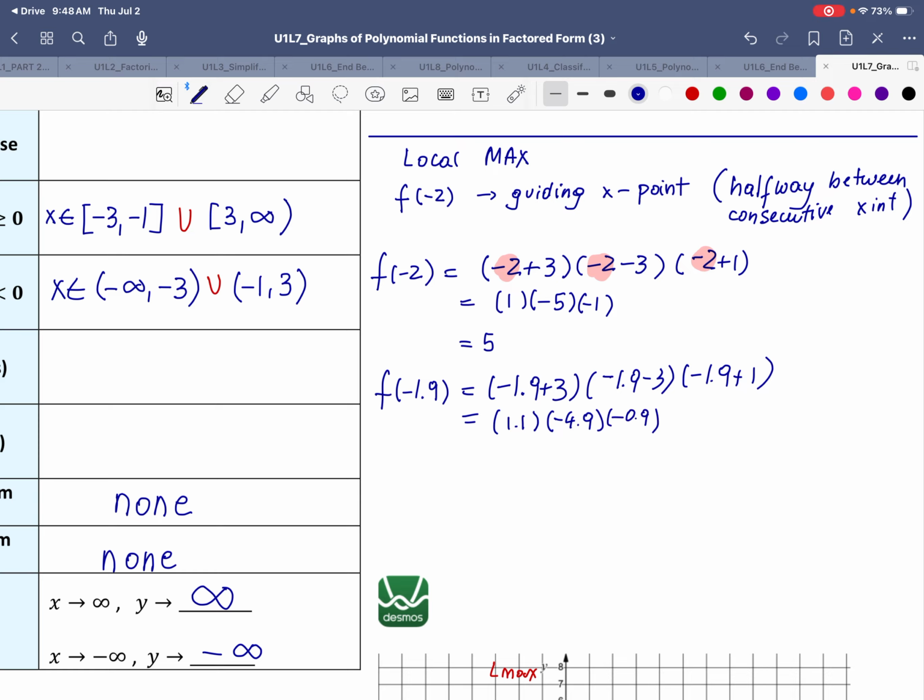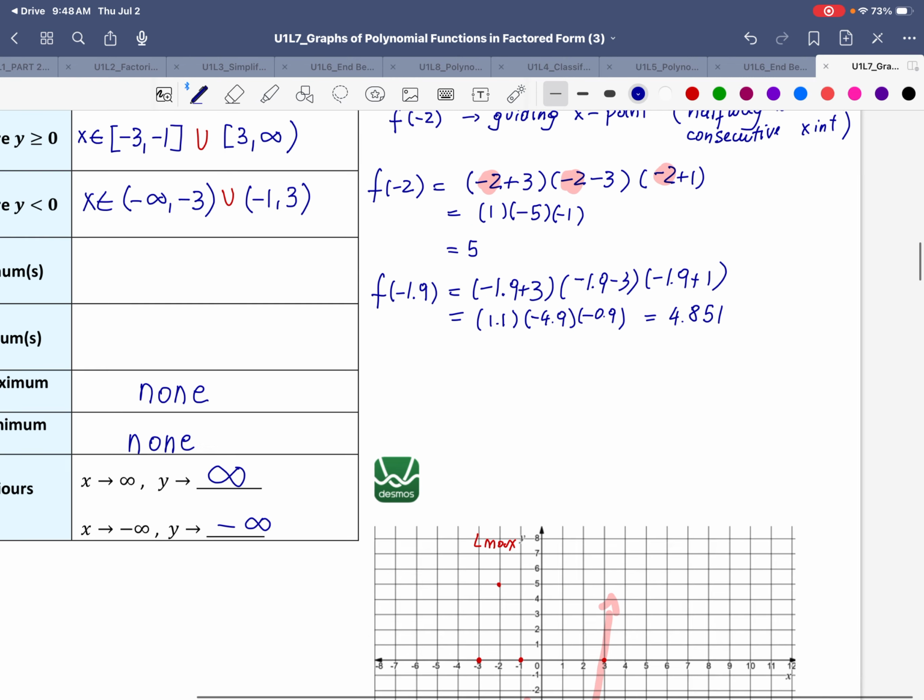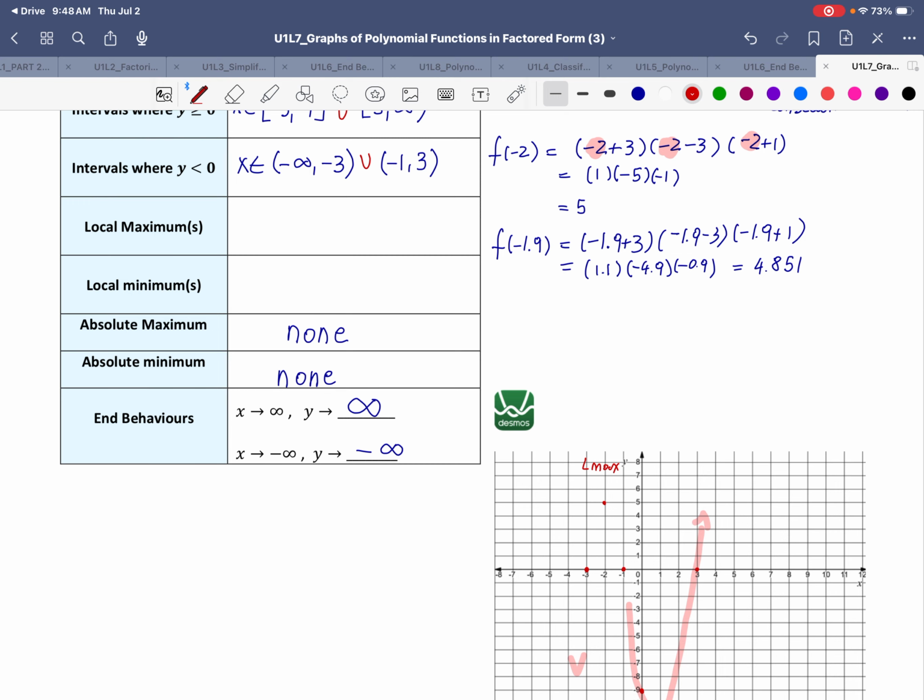Let's see what this product will become. So we have 1.1 times -4.9, and then multiplied by -0.9. And what I get in here is 4.851.